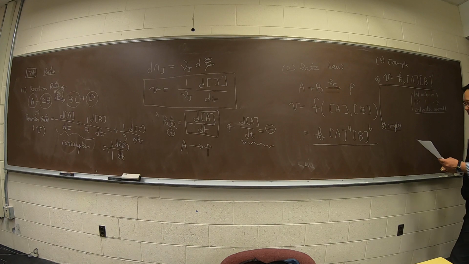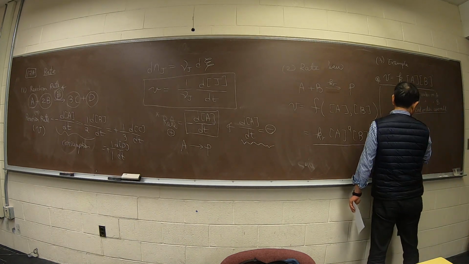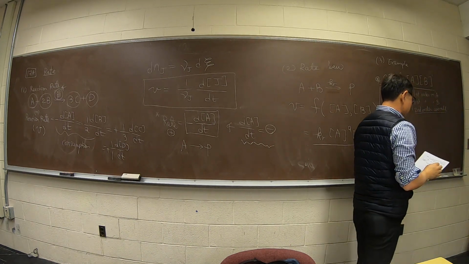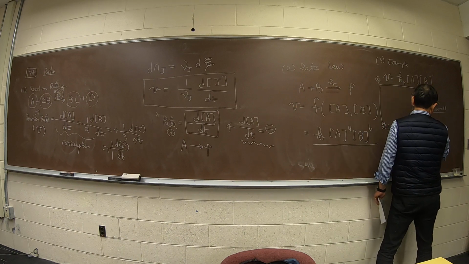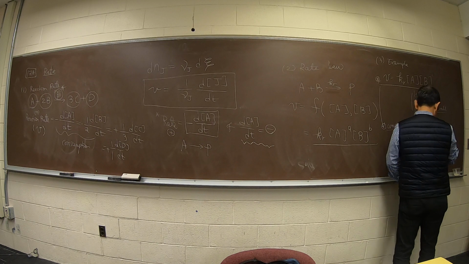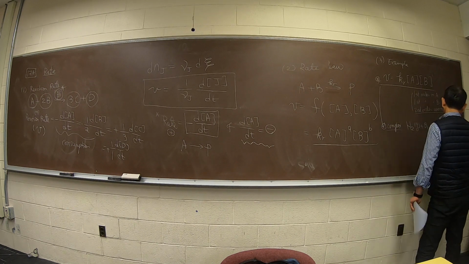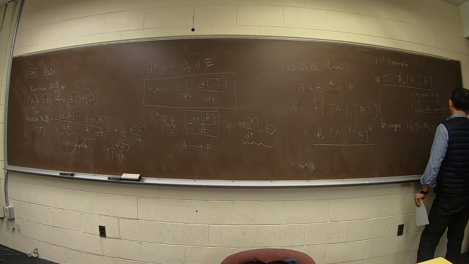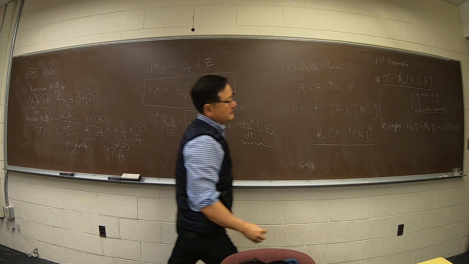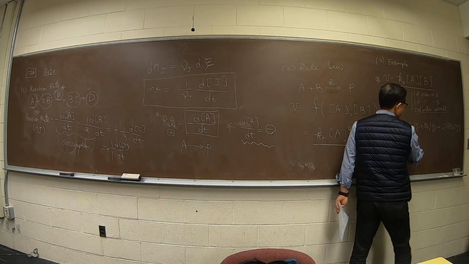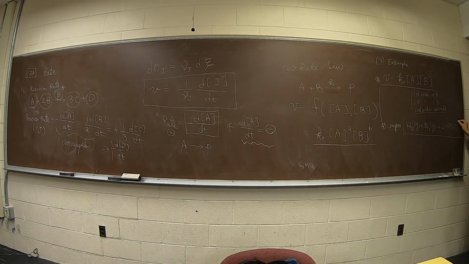Okay? So let me write the equation. This is one of the famous equations. You can Google this one too. When hydrogen reacts with bromine gas, you make 2HBr. Okay. Think about it. When hydrogen meets bromine, you make HBr.